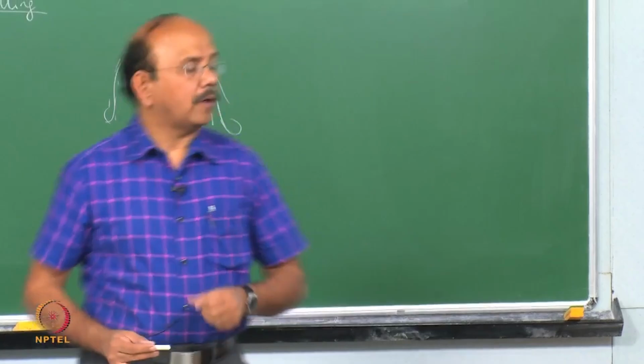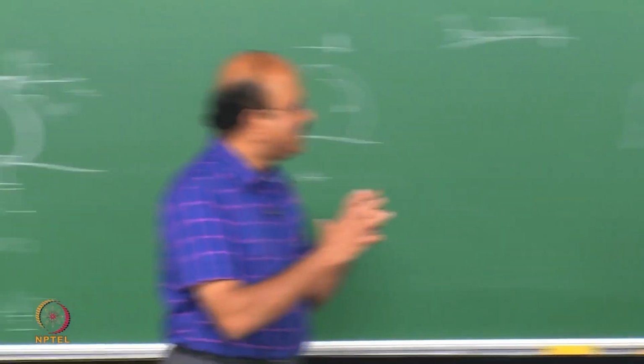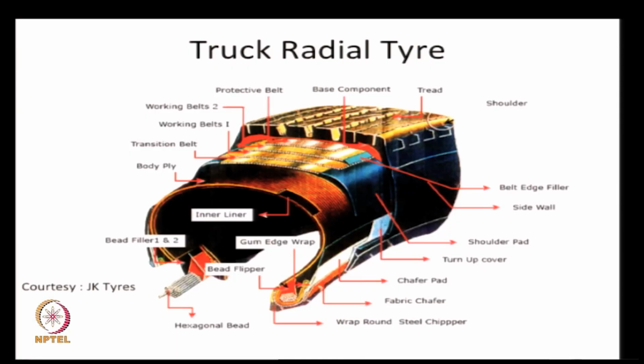Now that portion around the bead is solid, heavy. This is a very important guy. Last time itself we saw that he's the guy who's going to interact with the rim in order that the loads are properly transferred and so on. So that portion is made up of a number of reinforcements.